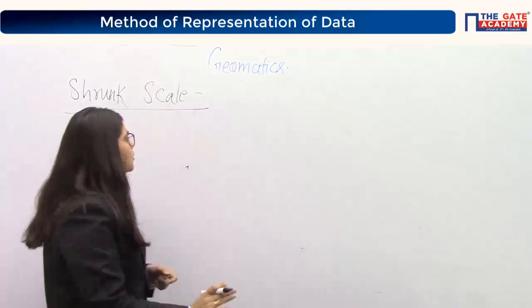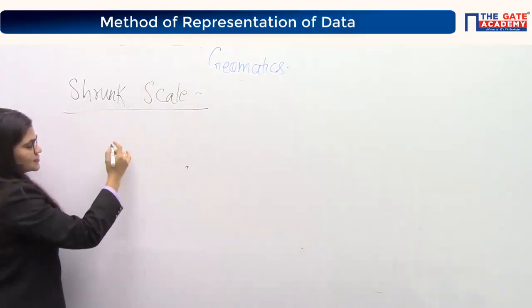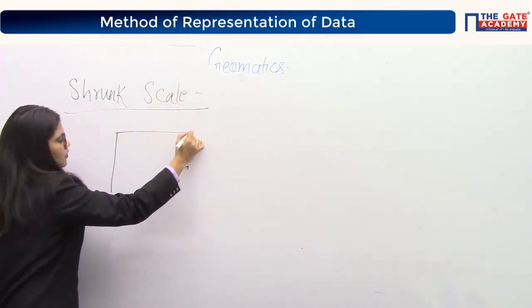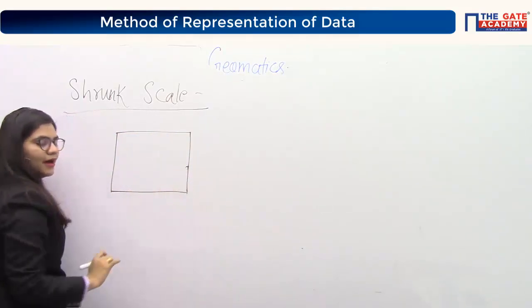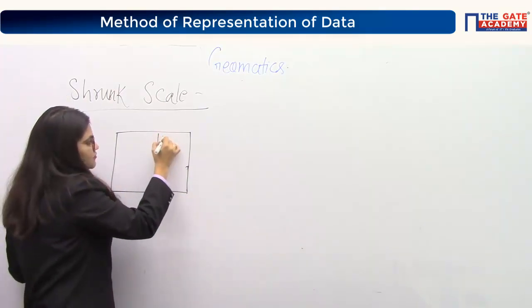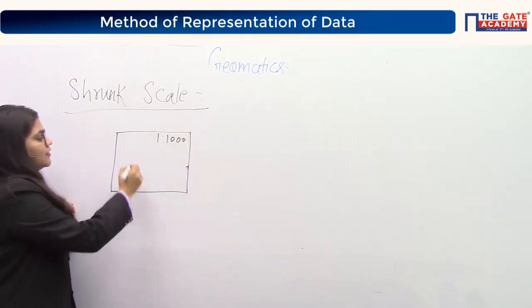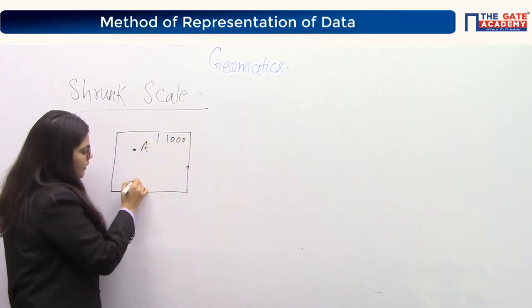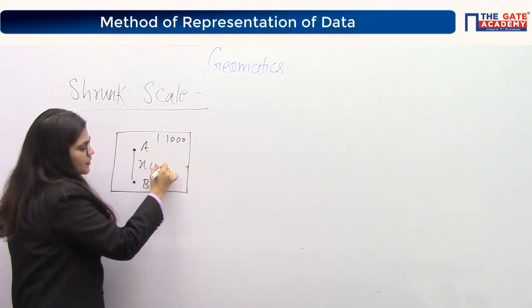Now just understand this concept of shrunk scale. You have this map. The scale of this is 1:1000, and the distance between point A and B is some x centimeter.